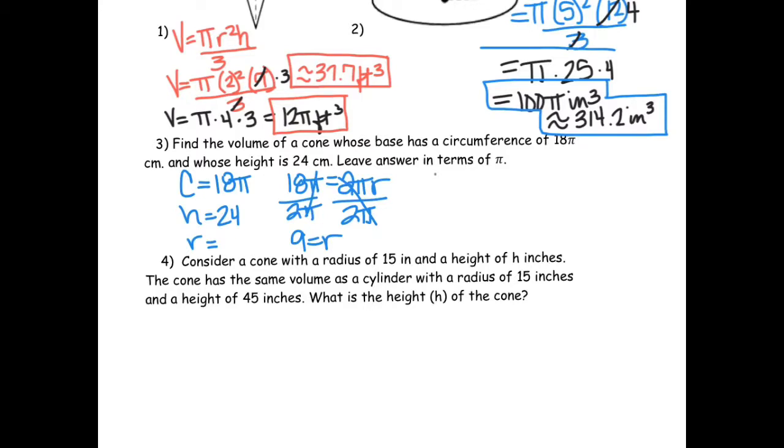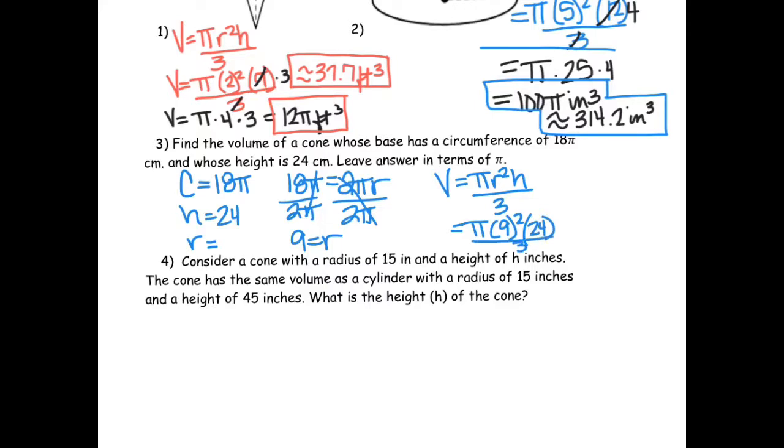So now I'm going to use the formula to find the volume. Pi times r squared times h all over 3 equals pi times my radius, 9 squared, times my height of 24 all over 3.